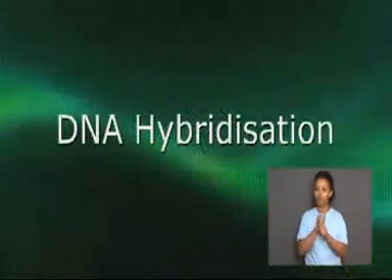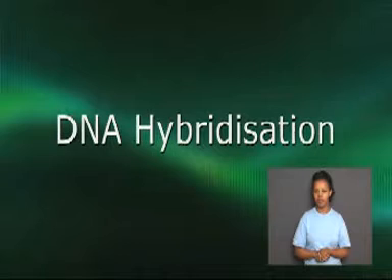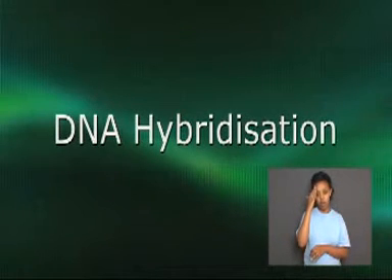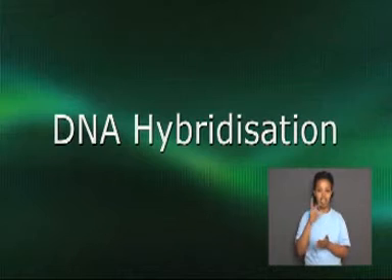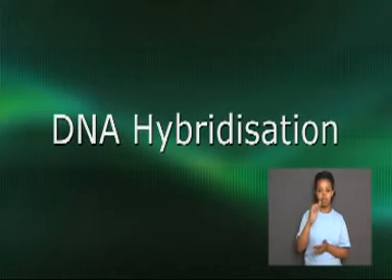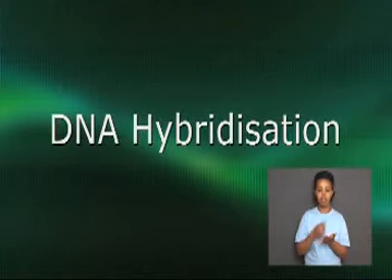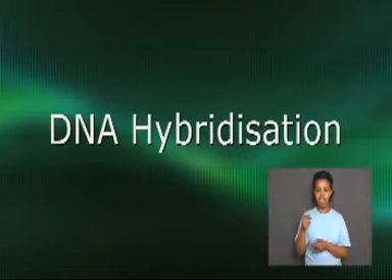DNA is the molecule that contains the genetic code of all organisms, including animals, plants, and bacteria. If you answered correctly, well done. To determine the evolutionary importance of DNA, a technique called DNA hybridization is used to measure the similarity between one species' DNA with another species.